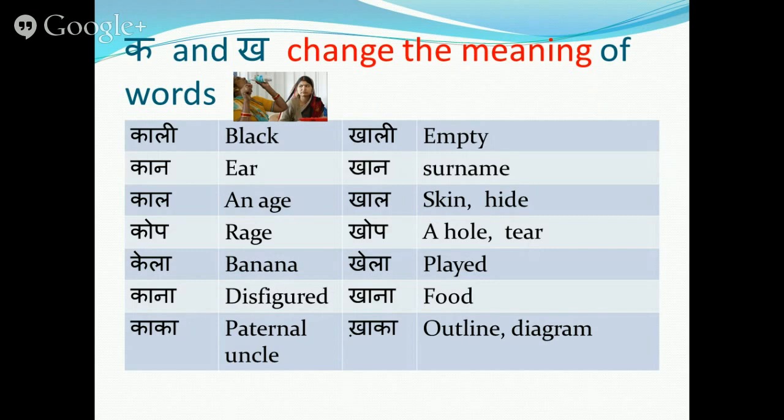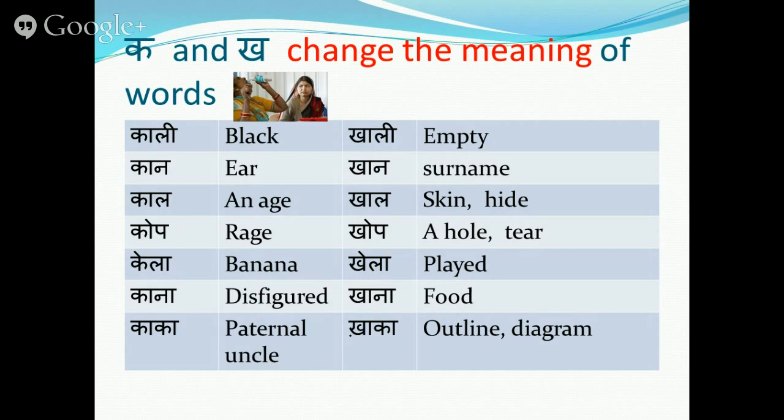So now we're going to take a look at how much this can affect the meaning of words. The first line you'll notice has all the ka sounds with no air, and the second line has the ka sounds with air.